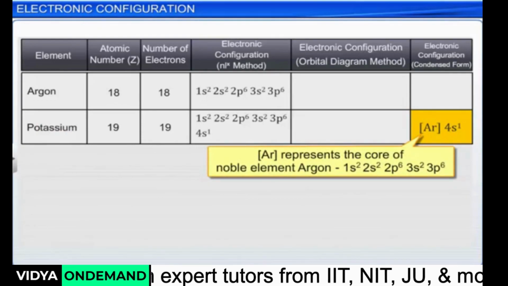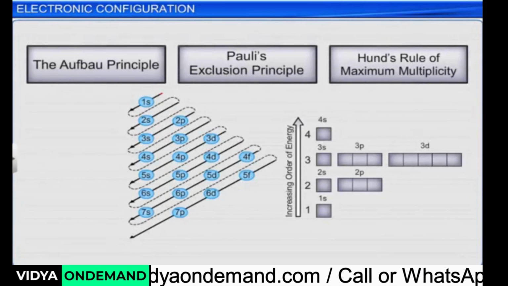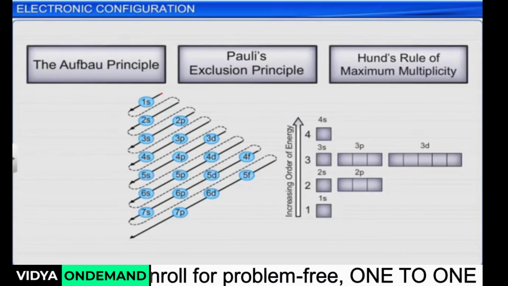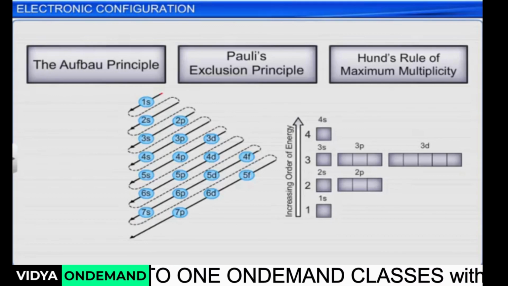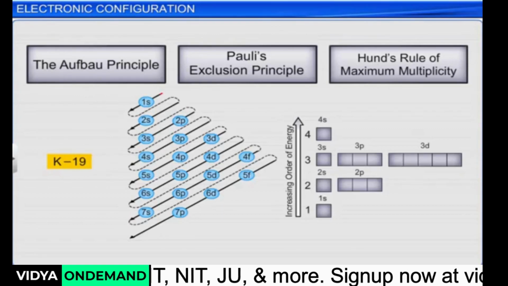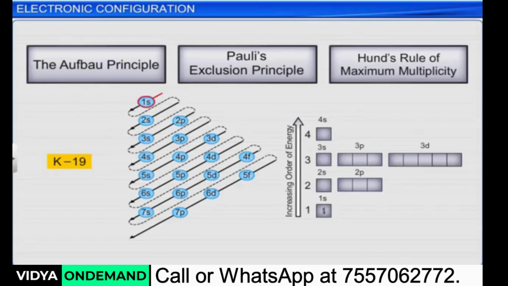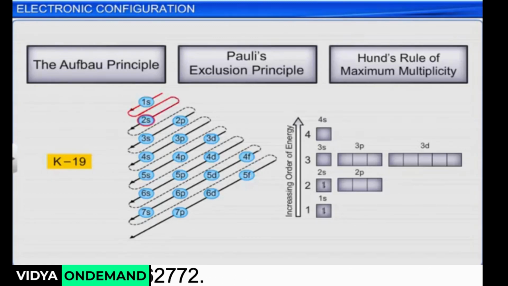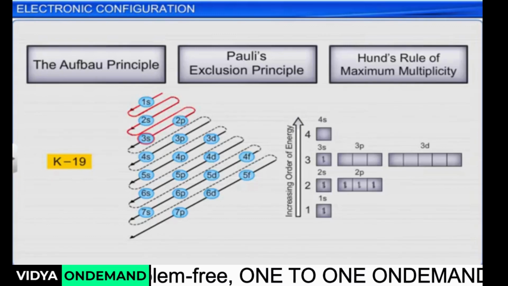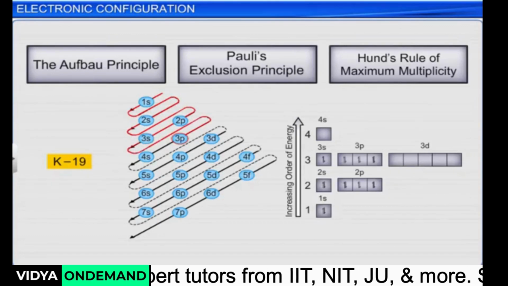The electronic configurations of the atoms generally follow the 3 above said rules for filling up electrons into various orbitals. For example, in potassium, the electrons enter into various orbitals, that is, 1s2, 2s2, 2p6, 3s2, 3p6, and 4s1 in accordance with Aufbau's rule.